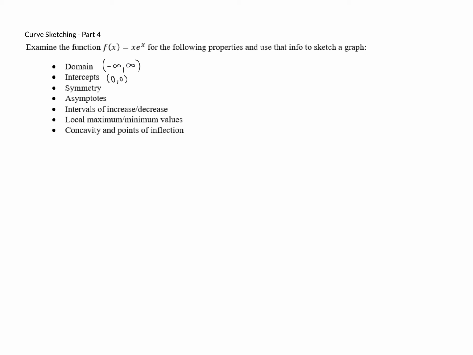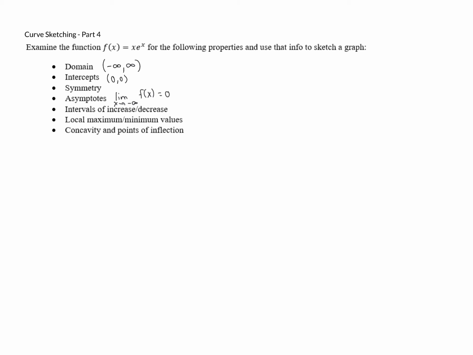You will see that this is getting closer and closer to 0. So we do end up having the limit of this function as x approaches negative infinity equaling 0. So that is going to give us a horizontal asymptote on the left-hand side.